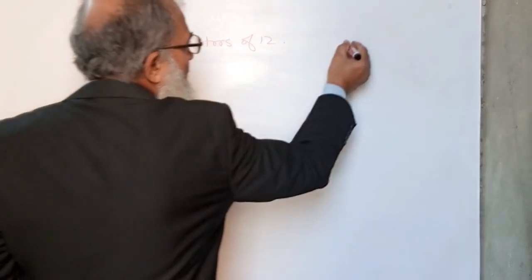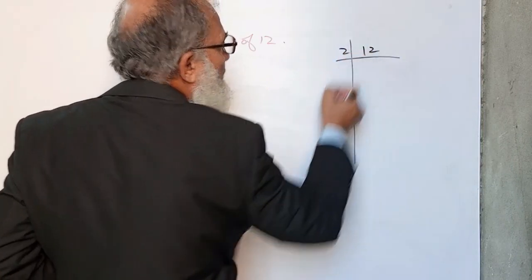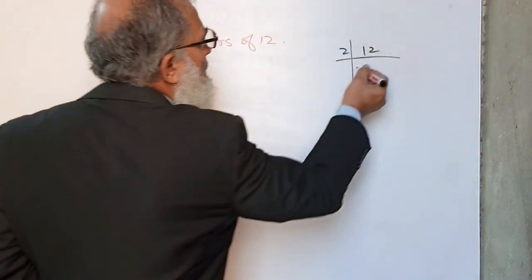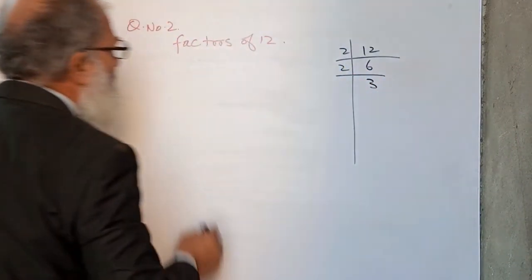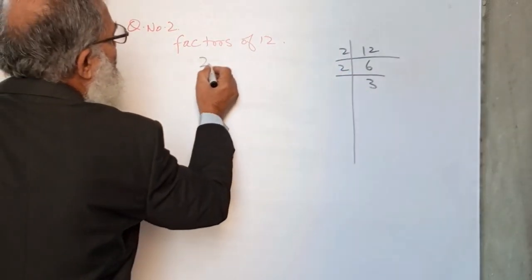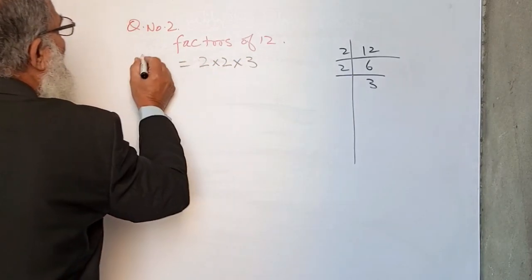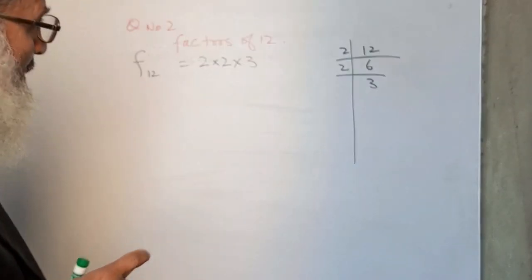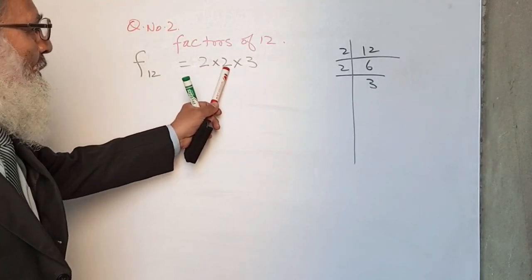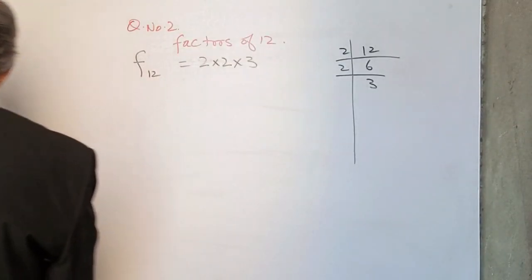Writing the factors of 12: start from the lowest prime number, 2, 6 and 2, 3. Now these are the factors of 12. 2 times 2 times 3, and you know how we write it? 2 times 2 is 4 and 4 times 3 is 12.